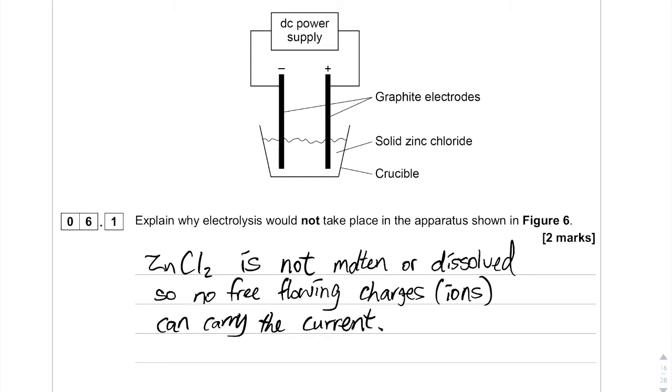That's all you're asked to say. So 2 marks: 1 to say that you need free-flowing charges, and 1 to explain that solid zinc chloride is not conductive.